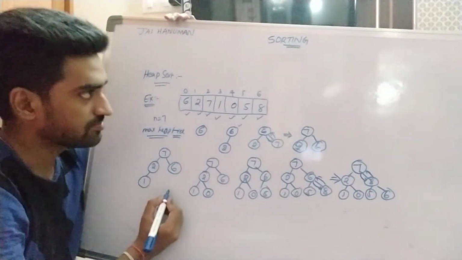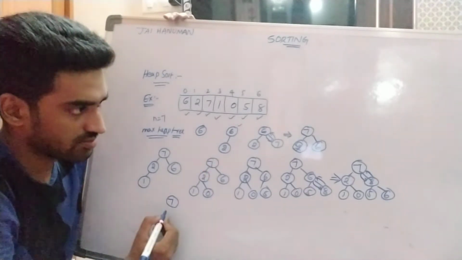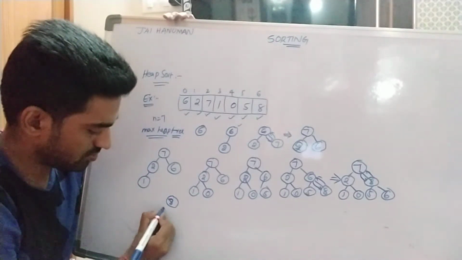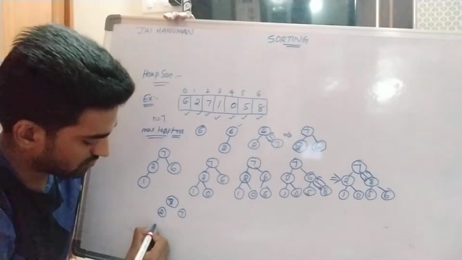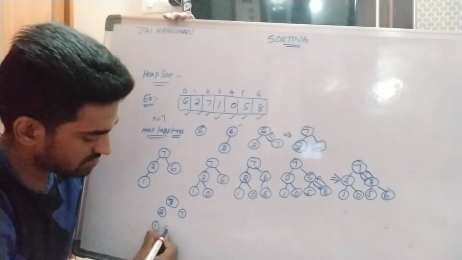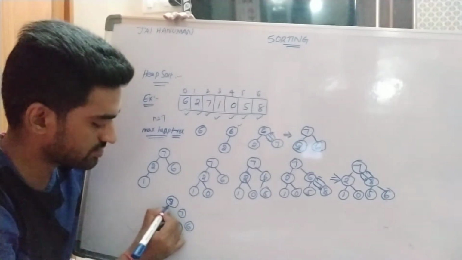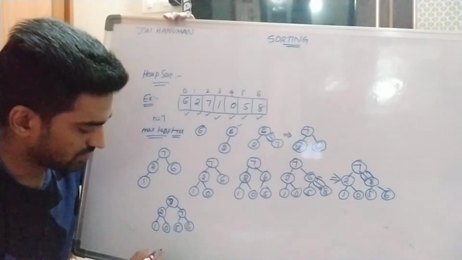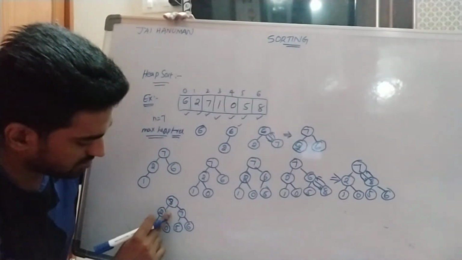Now the tree becomes 8, 2, 7, 1, 0, 5, 6. Now this tree satisfies the max heap tree property.